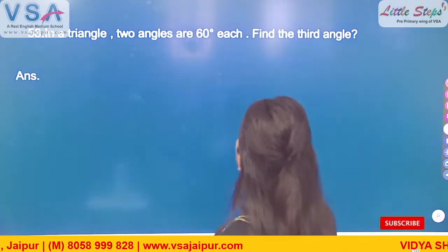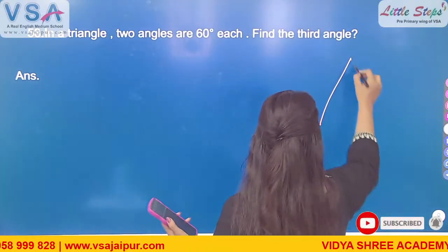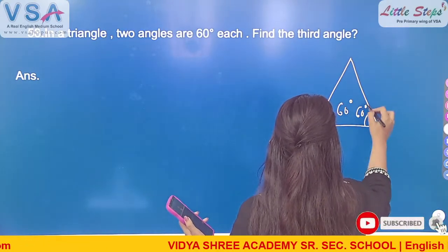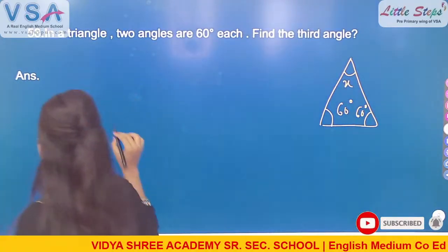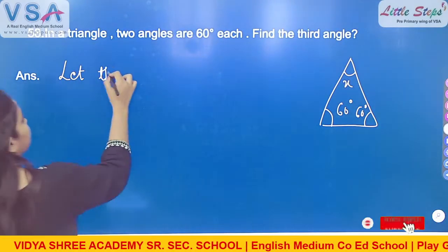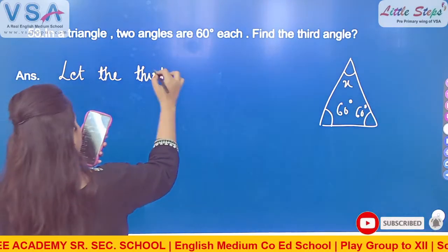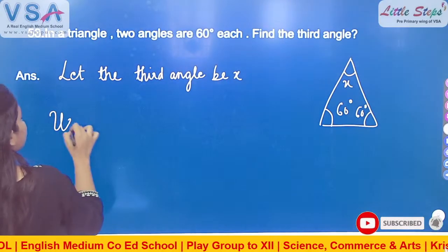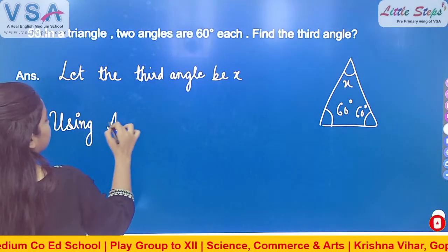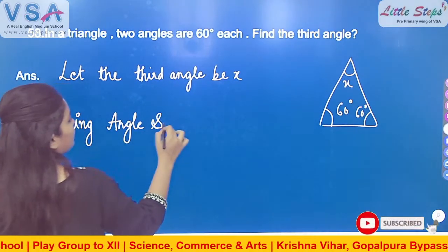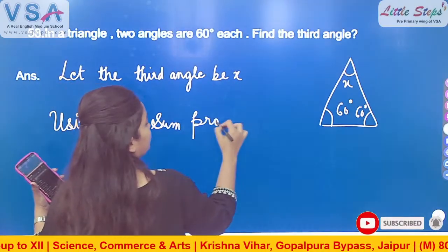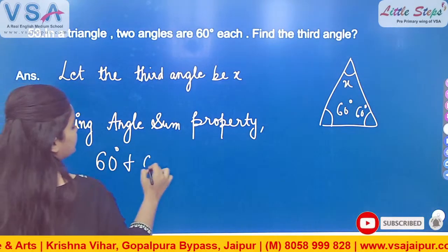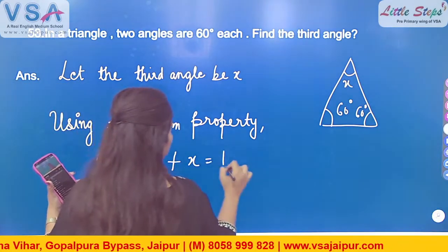In a triangle, two angles are 60 degree. Find the third angle. We have two angles and both the angles are 60 degree each. Let the third angle be X. Using angle sum property, we will use 60 degree plus 60 degree plus X is equal to 180 degree.